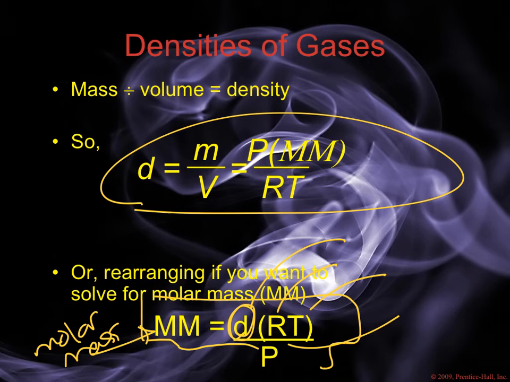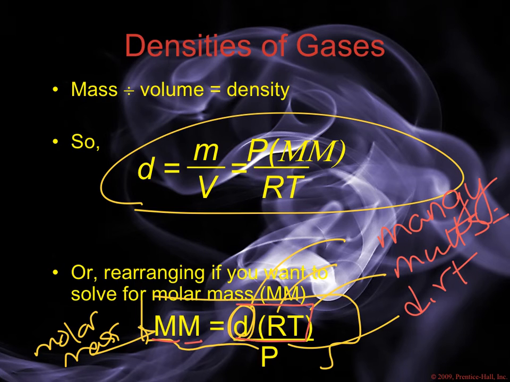So here's how I always remembered this formula, in case it helps you, because you probably have noticed there are a lot of gas law formulas. I said mangy mutts, MM, put dirt, DRT, over their P. Mangy mutts put dirt over their P. I don't know if they do or not, but that's how I always remembered that formula.